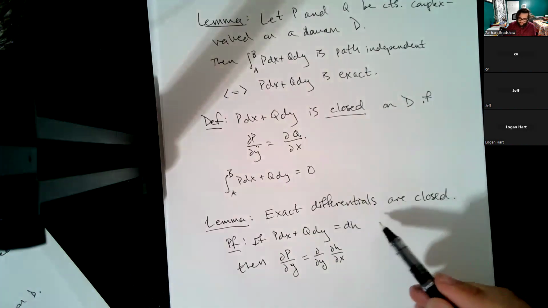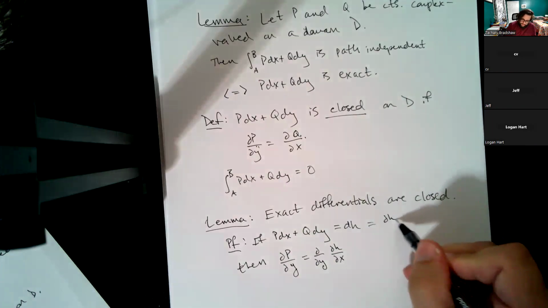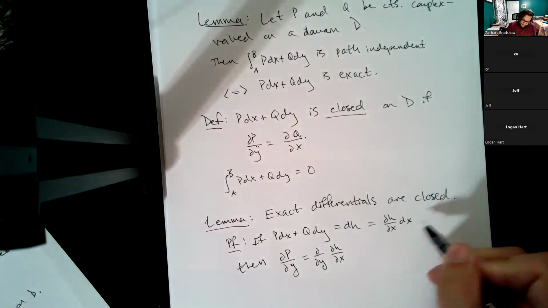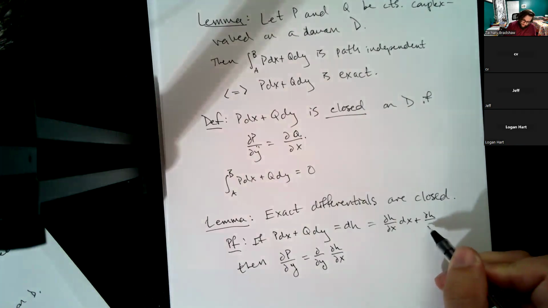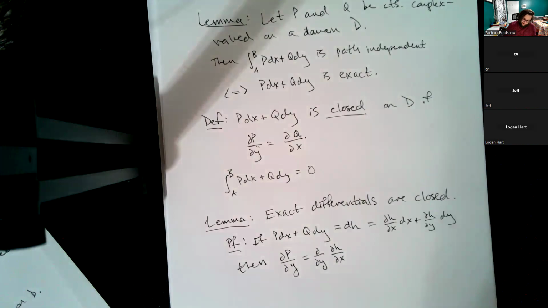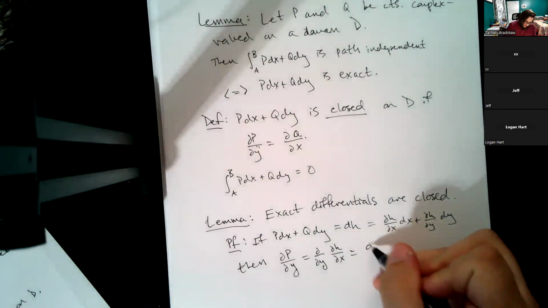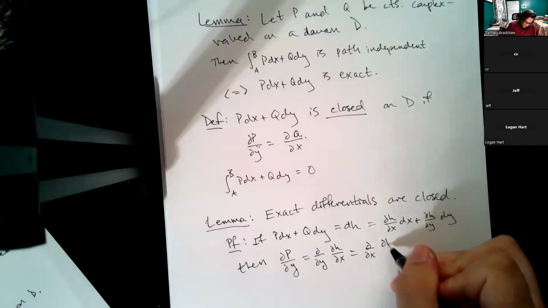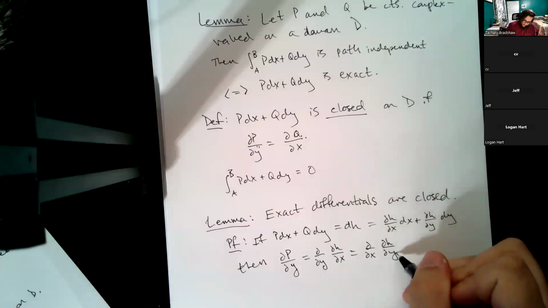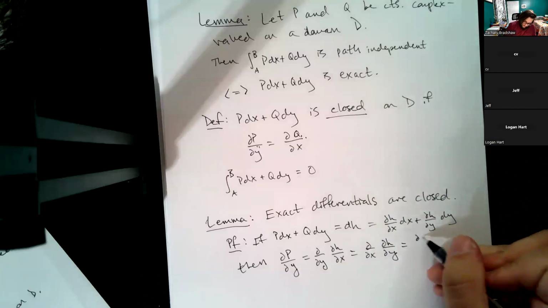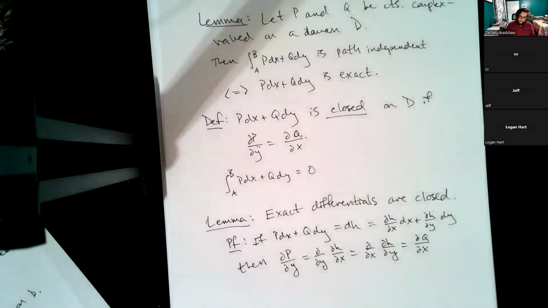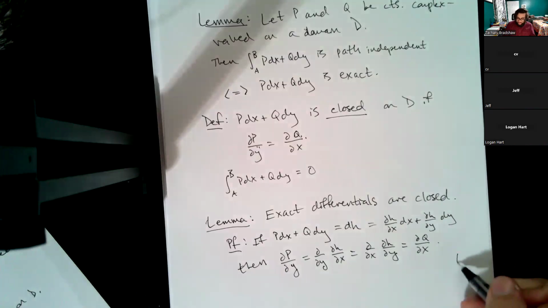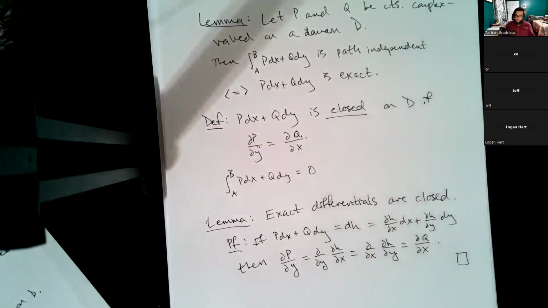Remember the definition of the differential: dh is dh/dx dx plus dh/dy dy. So this is equal to d/dx of dh/dy, which is equal to dq/dx. And that is exactly what we wanted to show. Okay.